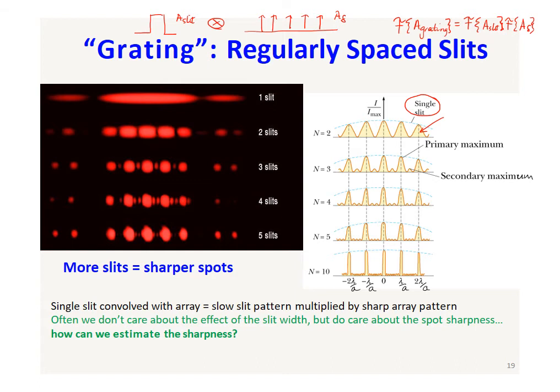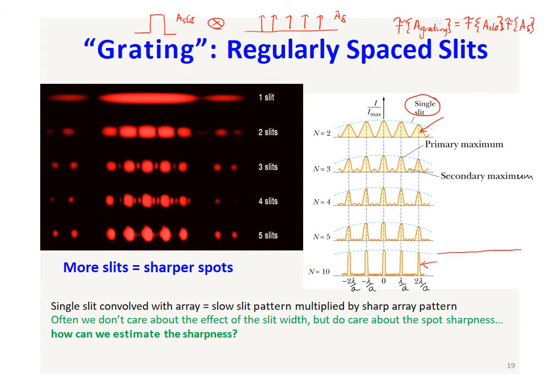Now, sometimes the slits that we are considering are so small that the diffracted field becomes practically constant over the range of angles that we're interested in. So that becomes the less interesting part of the pattern that we're looking at. And we then become more interested in the interference between the delta functions.